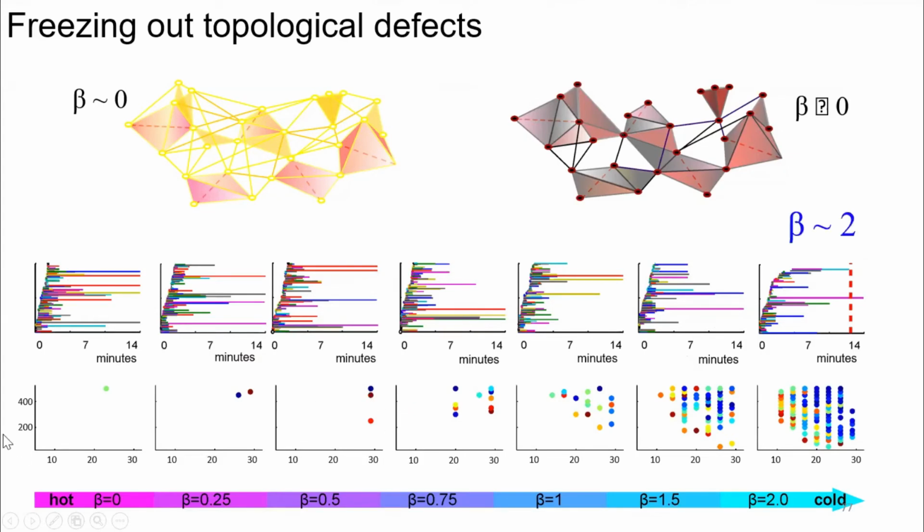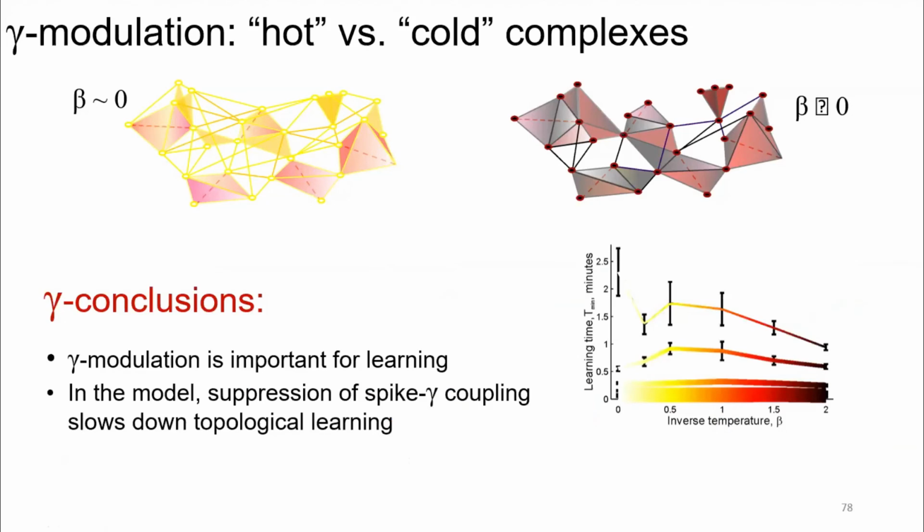These lines are cross sections of the learning region, and you can see that when temperature goes down, you have more and more place-cell ensembles that are capable of representing the correct topological properties of the environment. It's a well-known fact that gamma modulation is very important for learning, and this approach gives another perspective on why this should be happening.